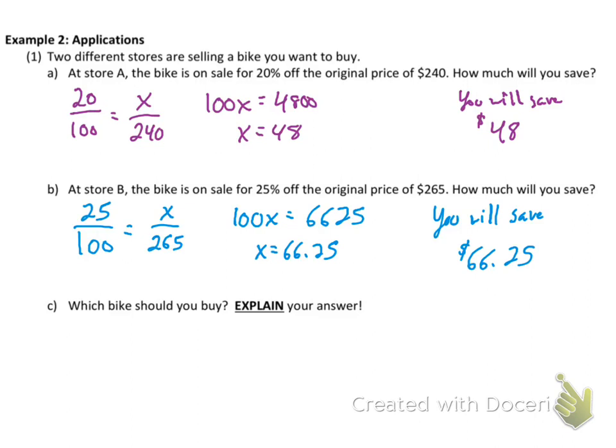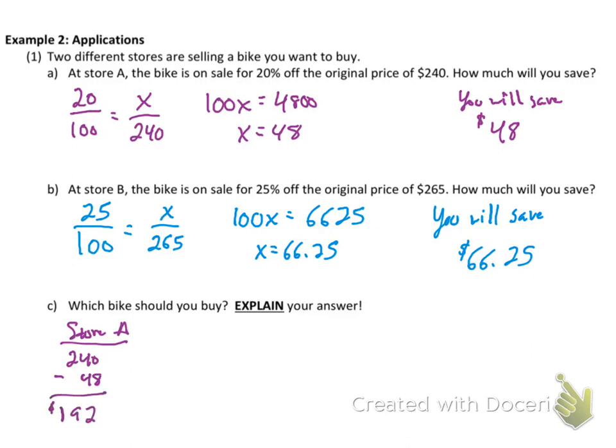But the question is, which bike should you buy? At store A, the original price was $240 and you have a $48 discount because it's 20% off. So if I start at $240 and subtract the $48, at store A, it's going to cost me $192 to buy the bike.